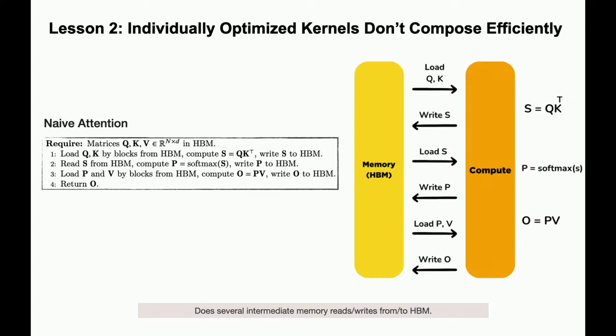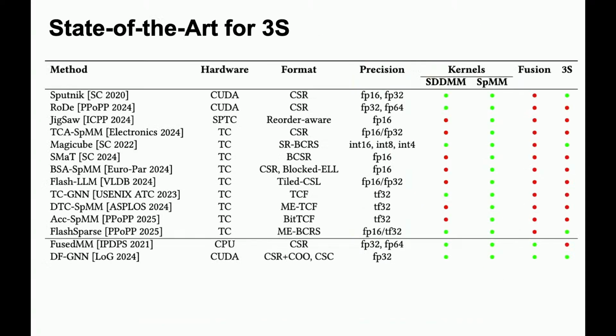This is terrible for the entire kernel, because all of these are intermediate operations. All we care about is Q, K, V, and then the output, right? All these S, P are intermediate. You're doing all this data movement. Sadai talked about data movement. Data movement is the killer. This is not efficient at all. But this is how we started writing these kernels.